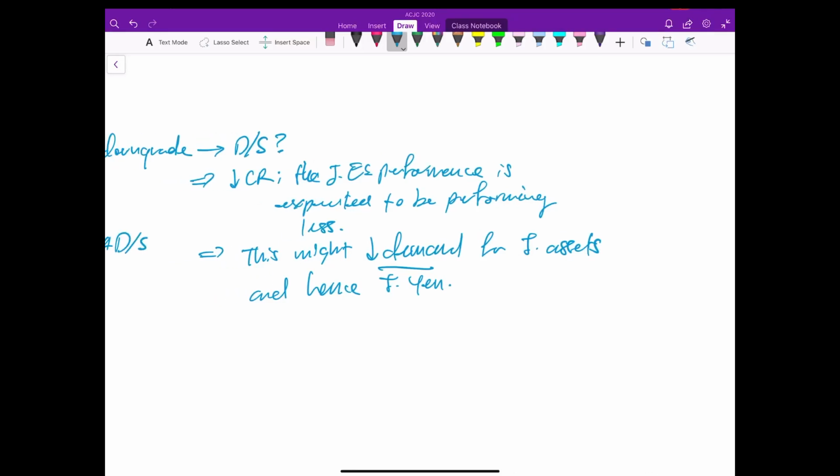It's because people are less willing to hold on to these Japanese assets. If I expect that the Japanese economy is not going to do so well, then maybe I don't want to invest in the economy as well. Maybe I don't want to hold on to Japanese currency because the returns to doing so are not going to be so high, so the demand may fall.